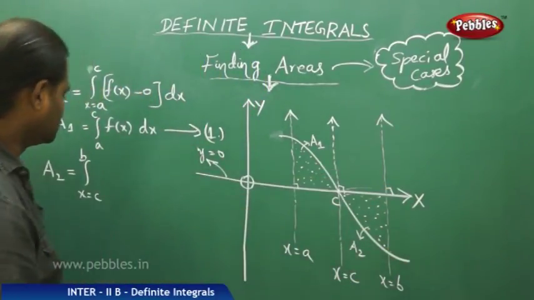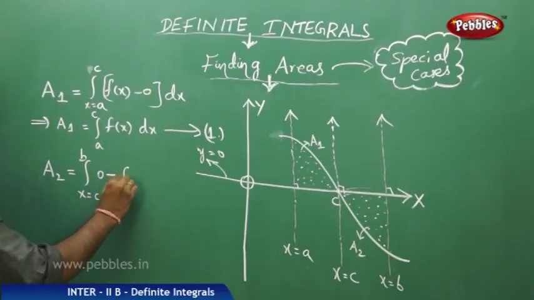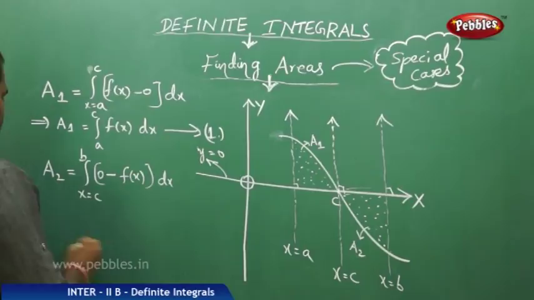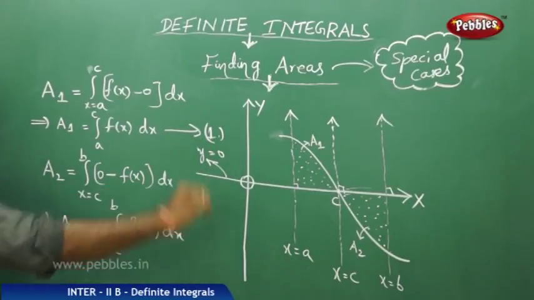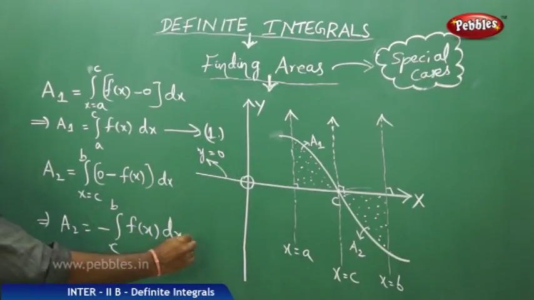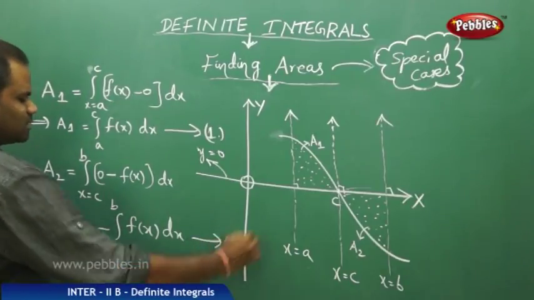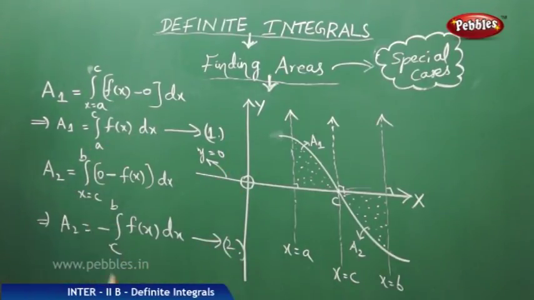So the upper curve, which is 0, minus f of x dx, implies A2 is minus the integral from c to b of f of x dx, which is equation 2.